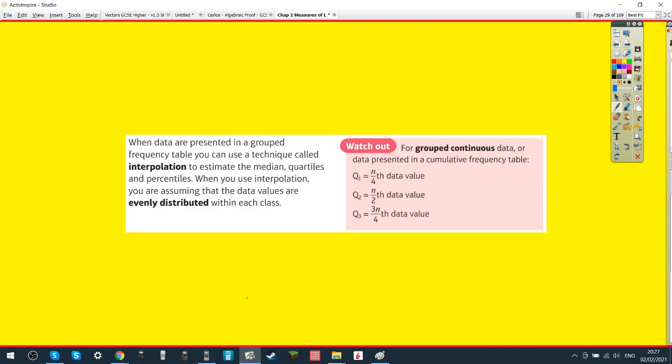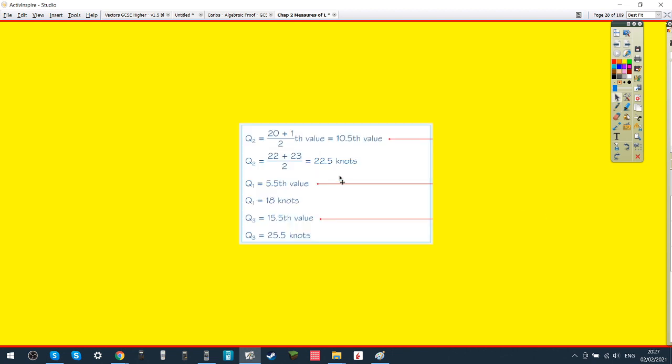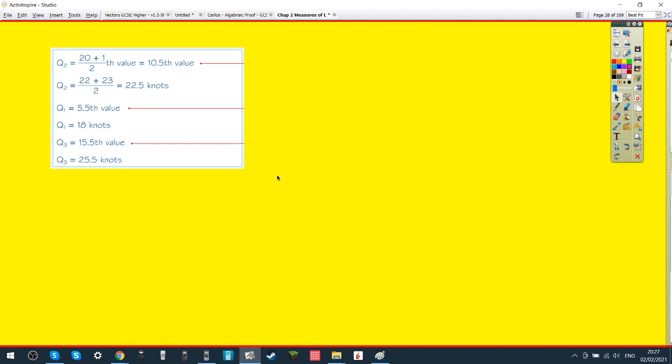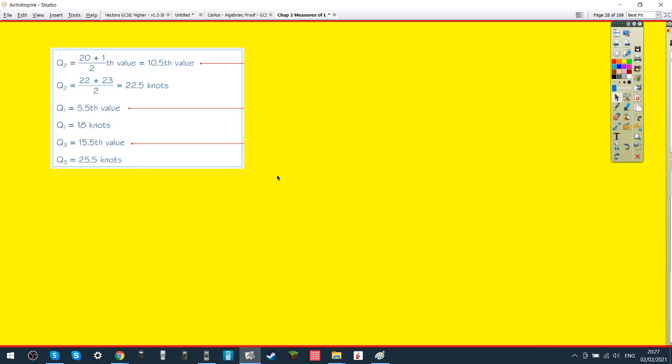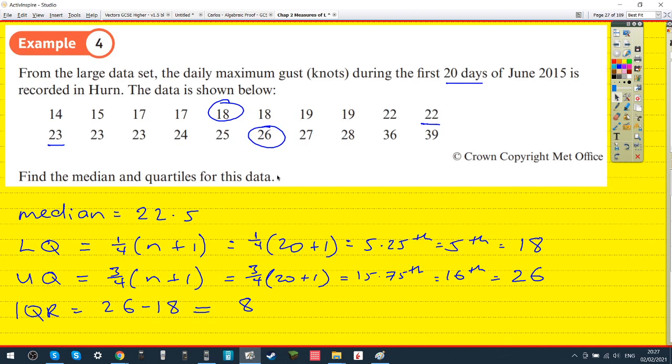Let me see. Oh, was it just the value? 20 plus 1 over 2. Q1 was the 5.5th, 18. And then for this one, they said 25.5. That's weird. Hang on. You see the way it was 5.25?